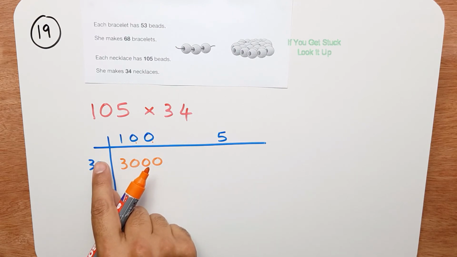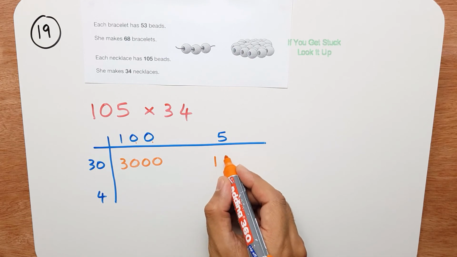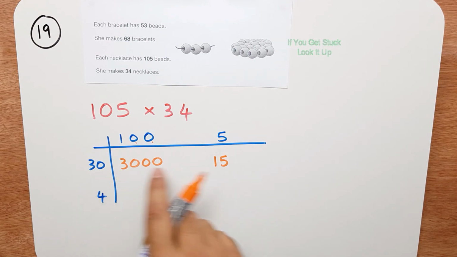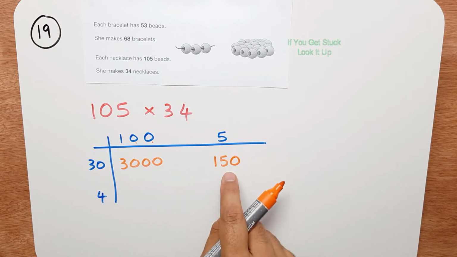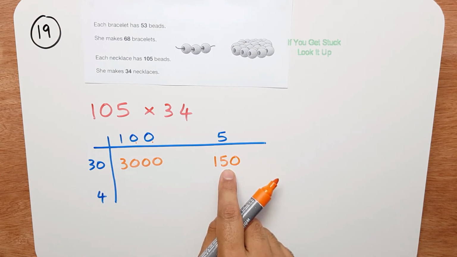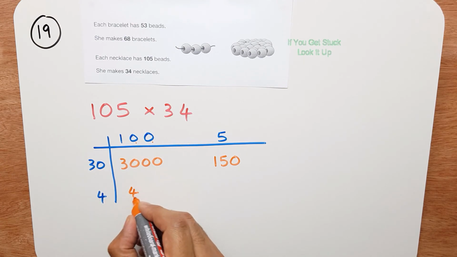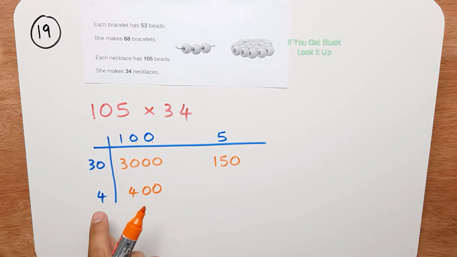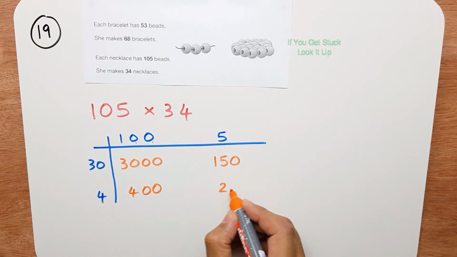What I do is I'll hide this 0. 3 times 5 is 15. And I'll bring this 0 back here. So 30 times 5 is 150. 4 times 100 is 400. And finally 4 times 5 is 20.